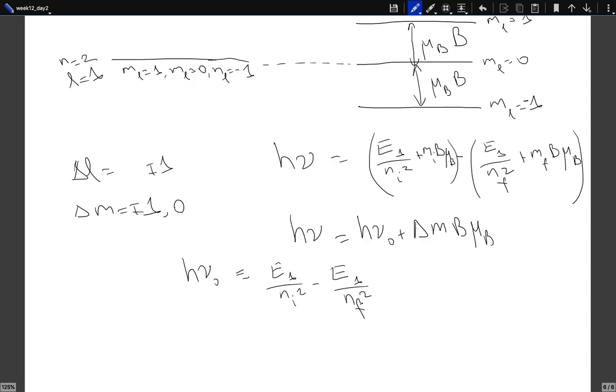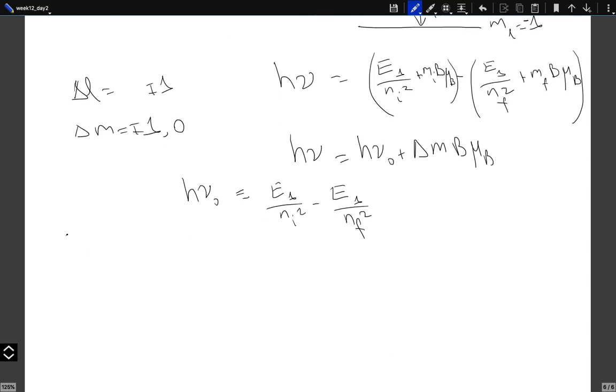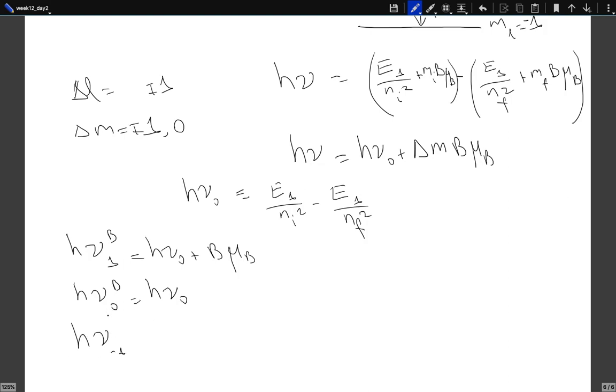But you see, delta m can only take different values: it can be 0, 1, or minus 1. So now we have three frequencies. h nu b1, which is h nu 0 plus B mu B, h nu b0, which is h nu 0, and h nu minus 1 in the presence of B, which is h nu 0 minus B mu B. So this is the prediction of this picture.